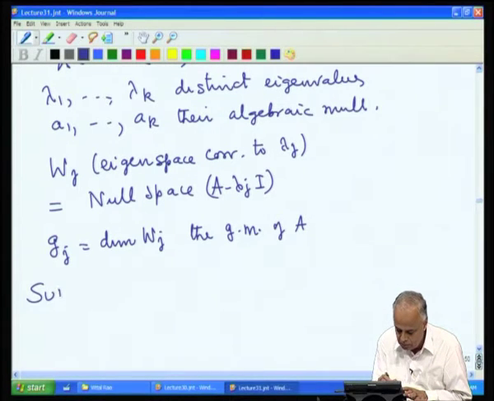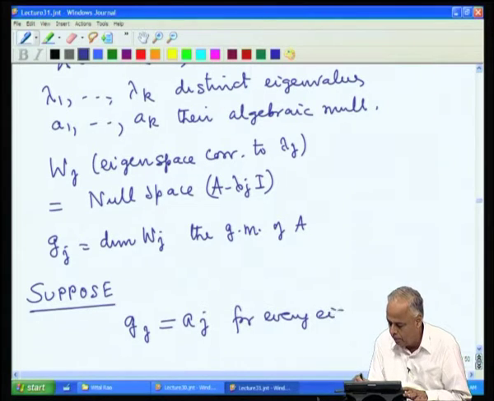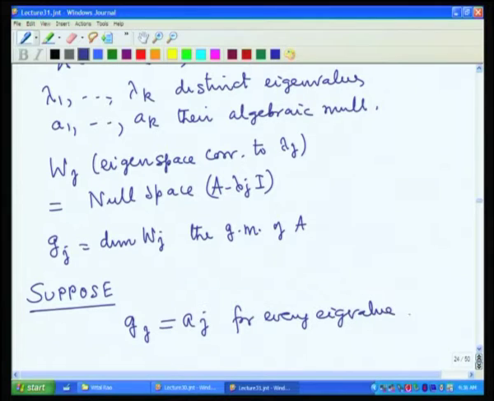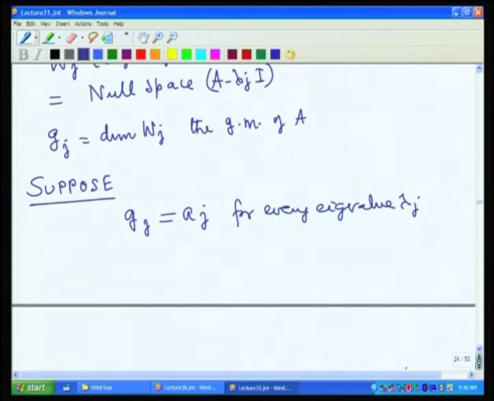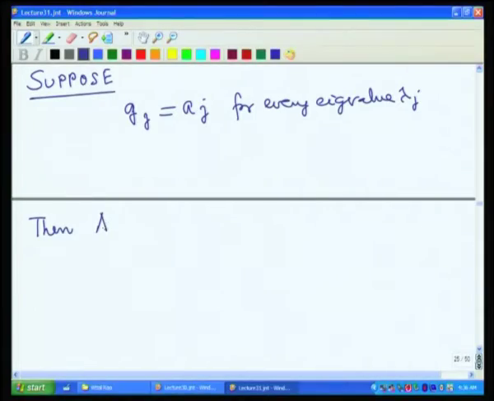Suppose G j is equal to a j for every eigenvalue lambda j. So, if the matrix A is such that the algebraic multiplicity is equal to the geometric multiplicity for every eigenvalue, then A is diagonalizable.